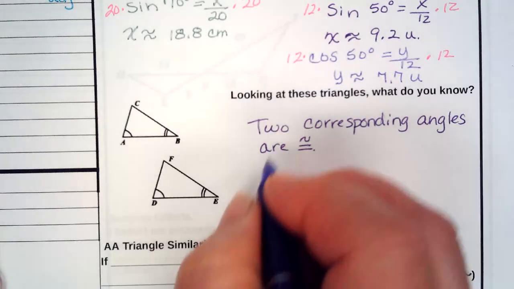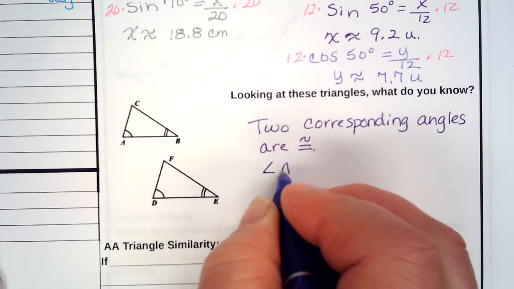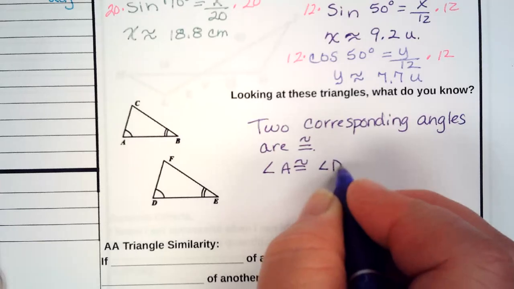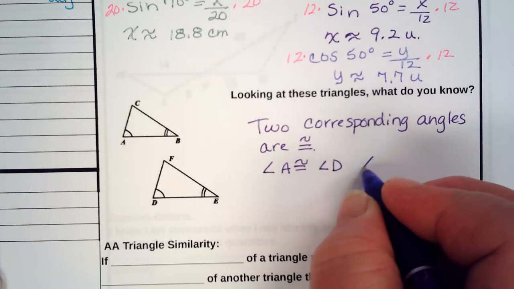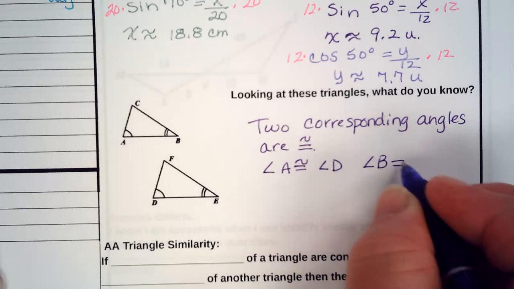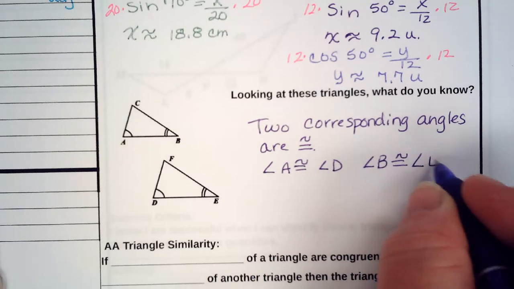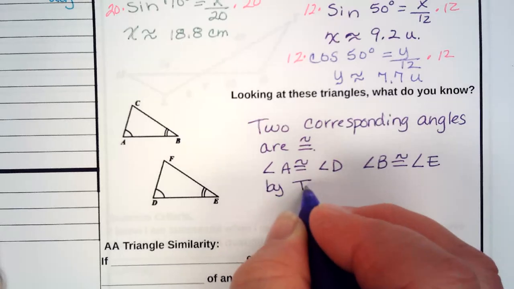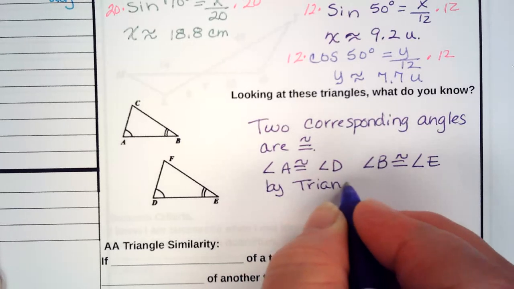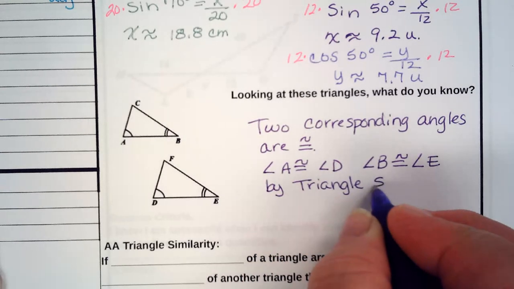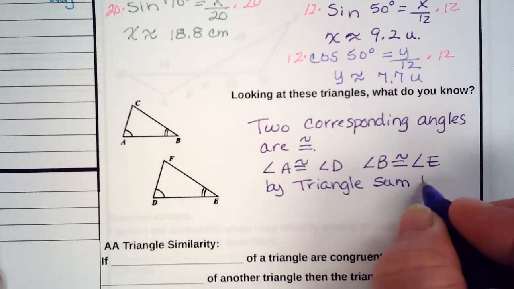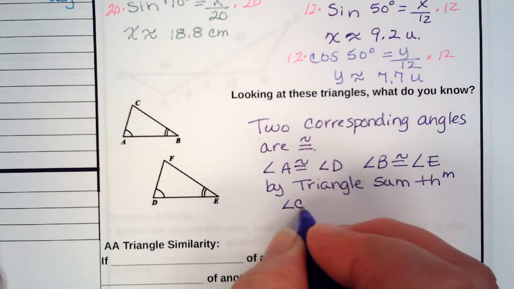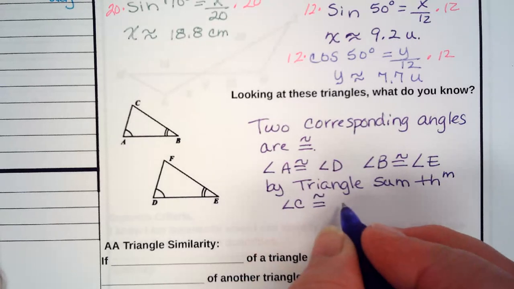We know that angle A is congruent to angle D. Angle B is congruent to angle E. By the triangle sum theorem, we know that angle C has got to be congruent to angle F.